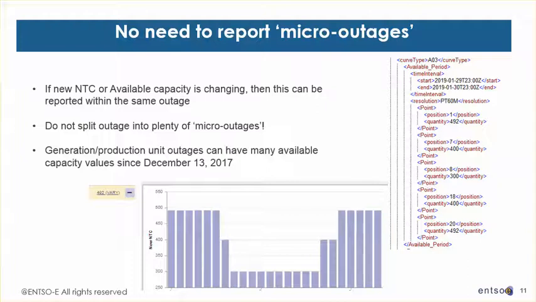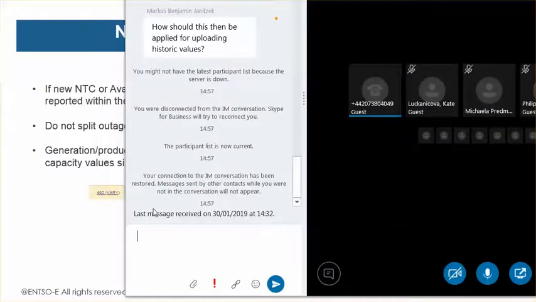Of course, you can use curve type A01, but then you need to put every point there. If, say, the value is not changing through the whole interval, nevertheless, you have to send all points. Then your XML will grow quite fast. So if you want to improve your outage messaging system, please think about the A03 curve type. It's much smaller.